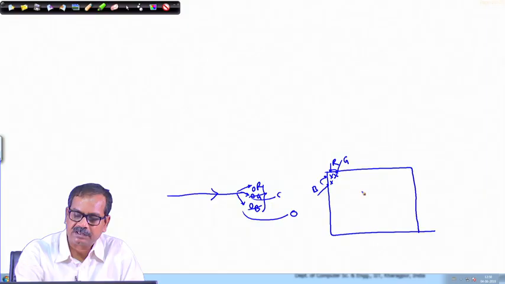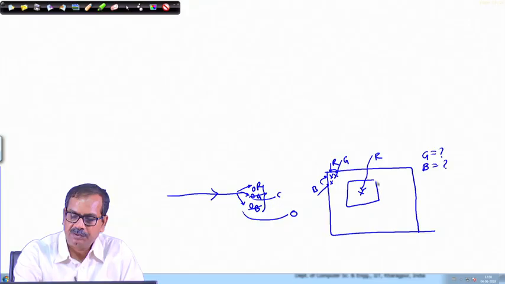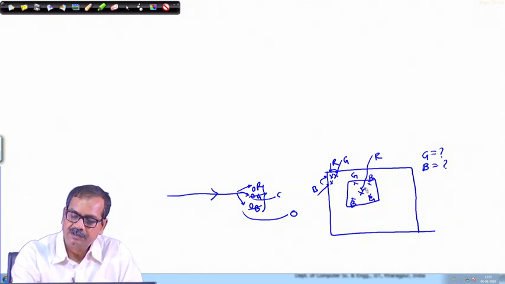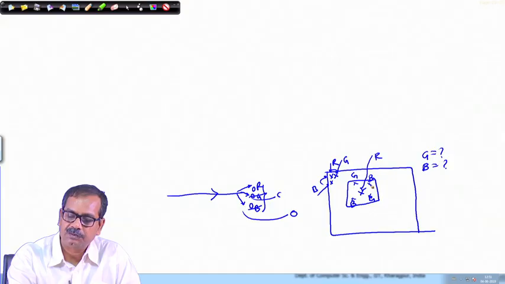For these pixels, for example, if I am recording only red, my green and blue are missing, but in the neighborhood I have some pixels where those values are there, some green, some blue, and also other red. So, considering this neighborhood pattern or neighborhood information, how best could I estimate these missing components?